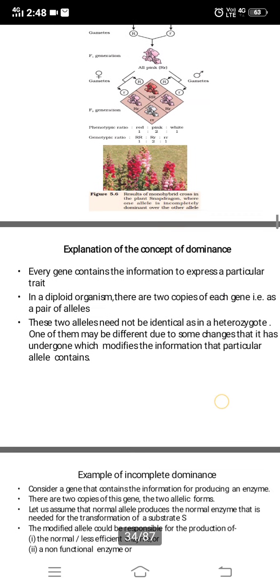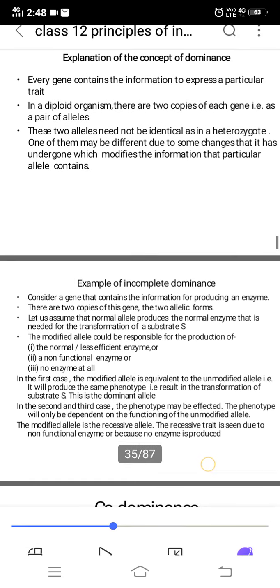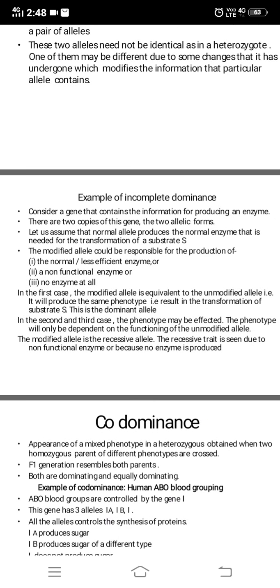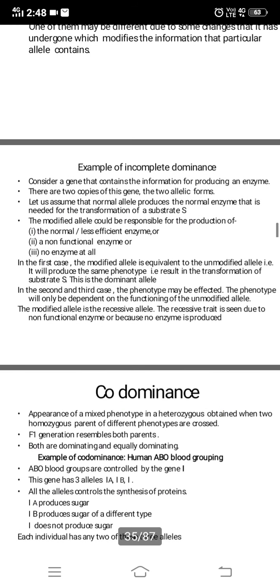We studied the example of an enzyme needed for the transformation of substrate S, and the allele which was modified. It could be responsible for production of a less efficient enzyme, a non-functional enzyme, or no enzyme, and the dominant allele would be the functional normal allele which helps in the production of that enzyme.